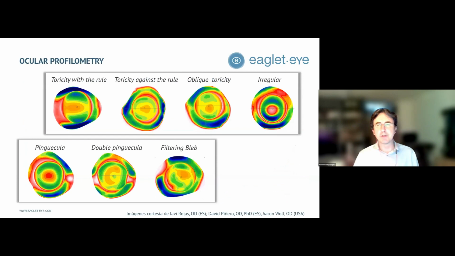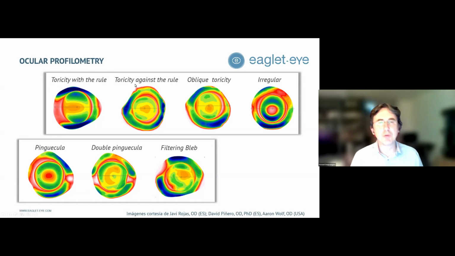So if we look at a number of these maps that typify what kind of shapes you see. If you go to the image top left, you see toricity with the rule, and of course you see in the center the cornea, and then in the periphery you see the sclera, and you see the pattern. If you are well versed in reading elevation maps, you can see that the toricity of the cornea is more or less continued on into the sclera.